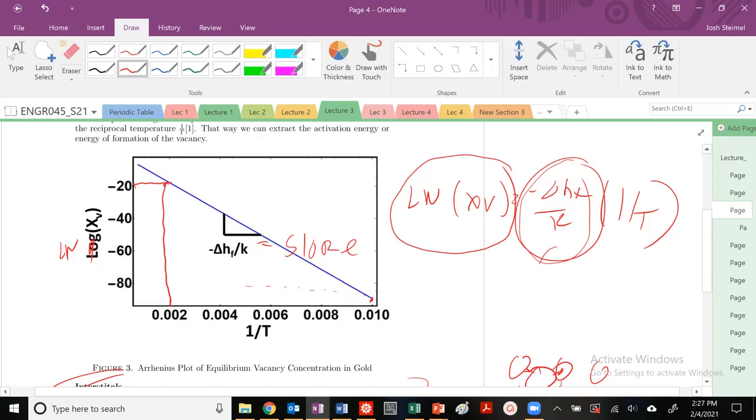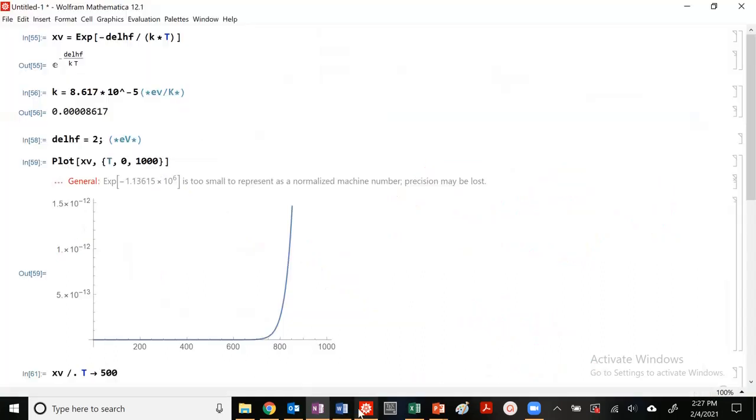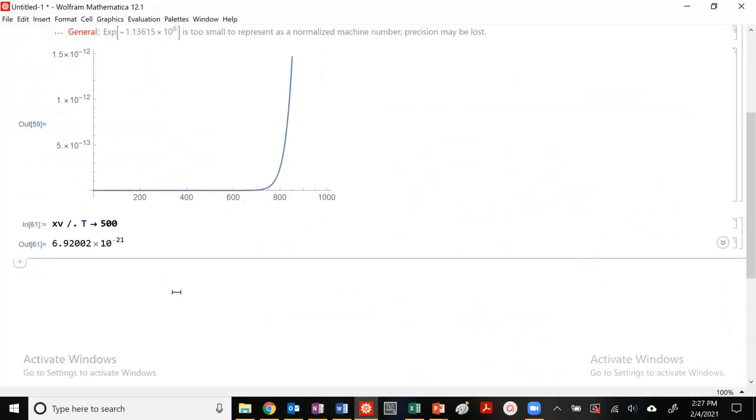Let's just say this is minus 90, at 0.01. So the rise would be minus 70, over the run, which would be 0.01 minus 0.002. Now we can solve for that particular example: minus 70 divided by 0.01 minus 0.002.